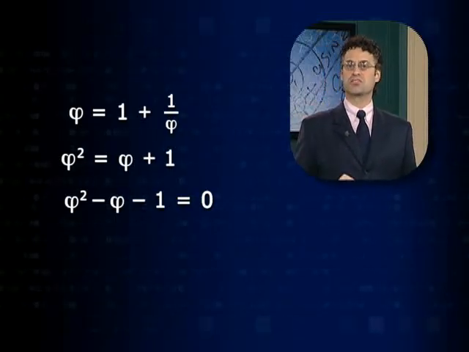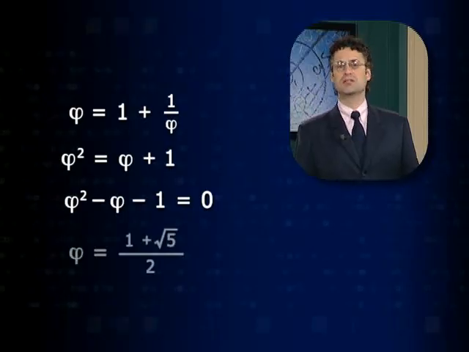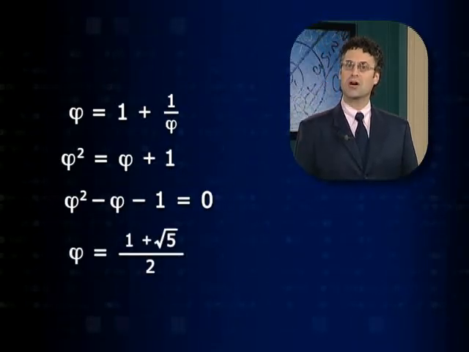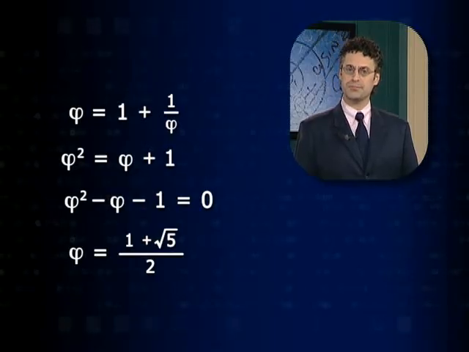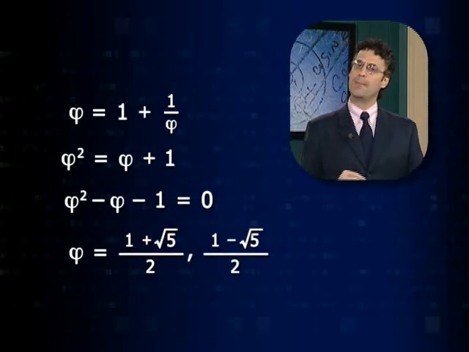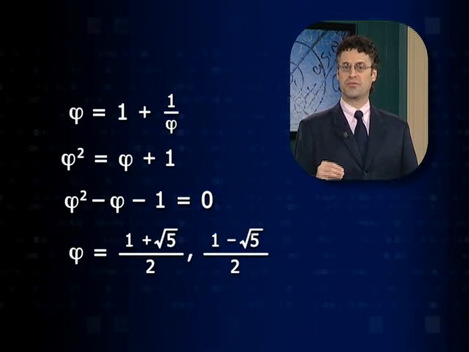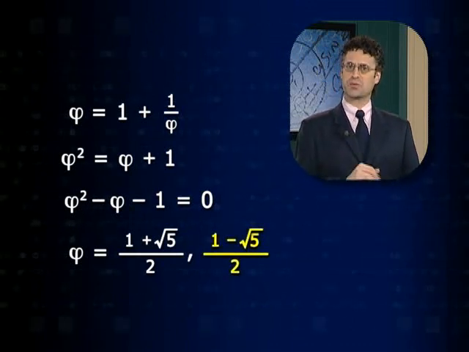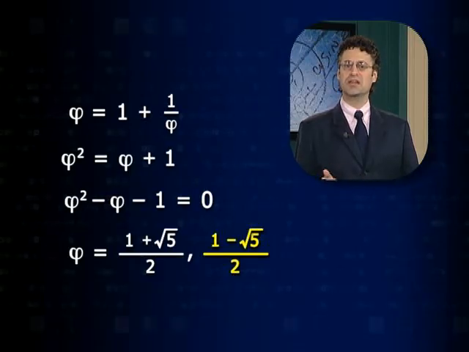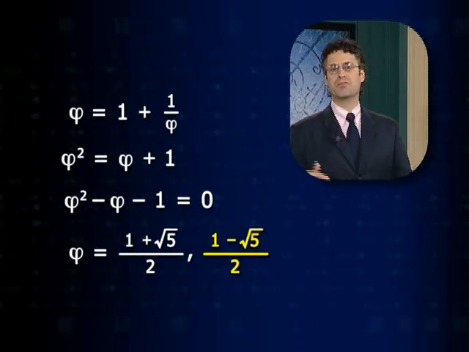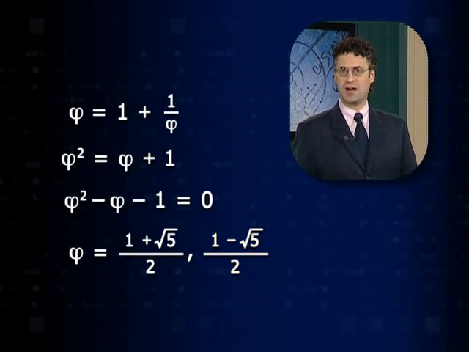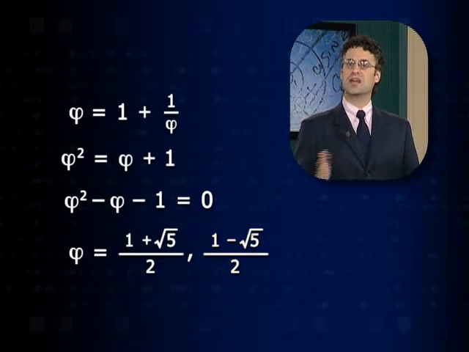That exponent is a 2, which means we'll have two answers. One solution is 1 plus the square root of 5, all divided by 2. And the other solution is 1 minus the square root of 5, all divided by 2. Now, that second number is actually a negative number. And since our number phi starts off with 1 plus some positive number, we know it's going to be a positive answer. And so therefore, we use the other solution.